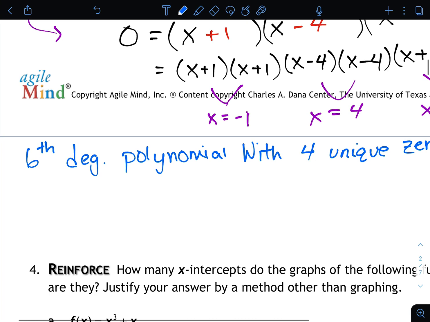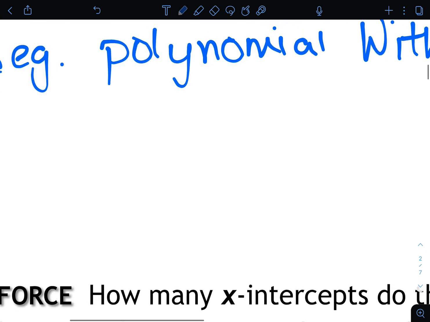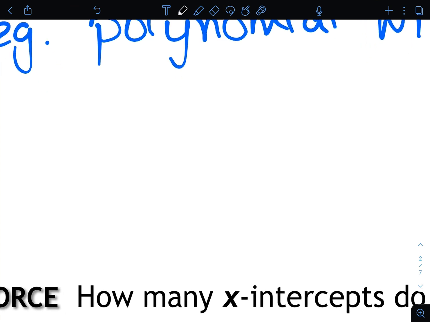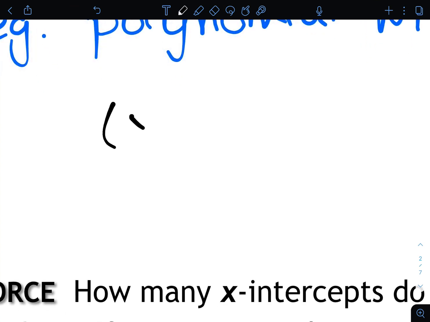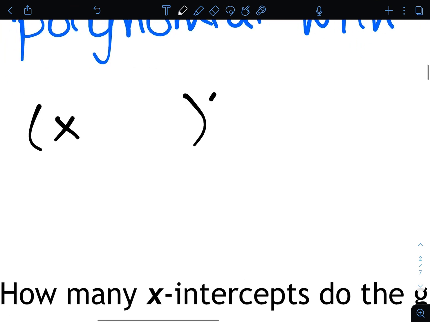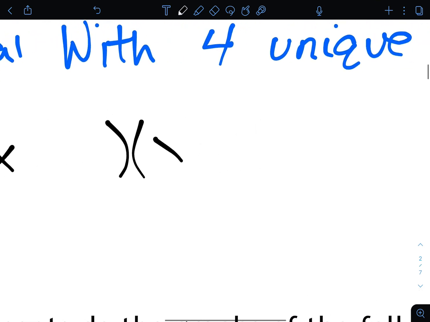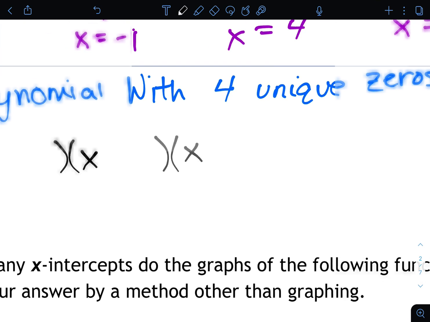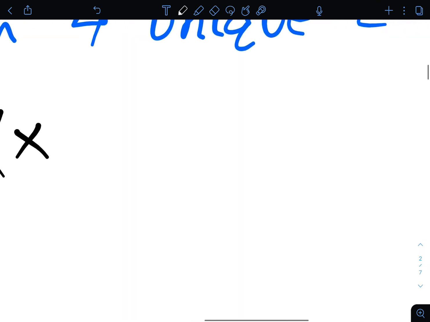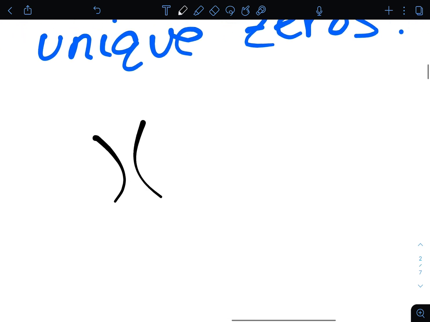All right, well, if it's the 6th degree, then I'm going to split it up into six groups with x in it. Because I know if I multiply x's together 6 times, that gives me an x to the 6th power, which is what I need to have a 6th degree polynomial.